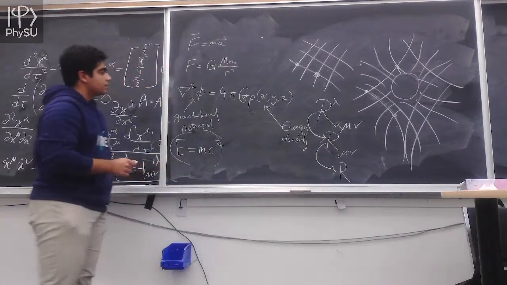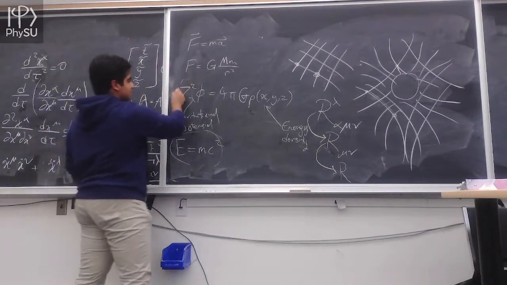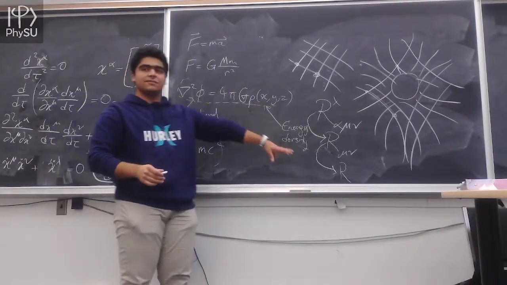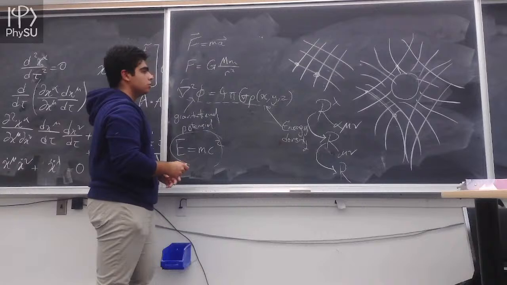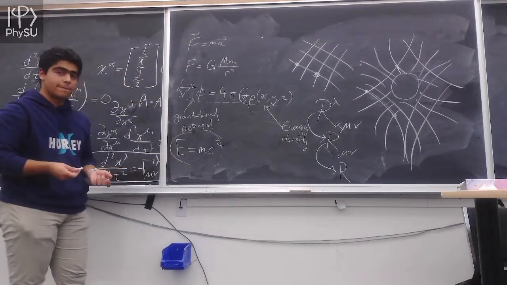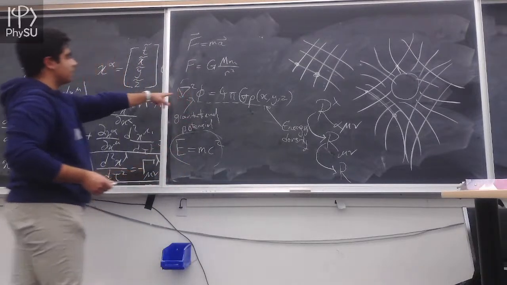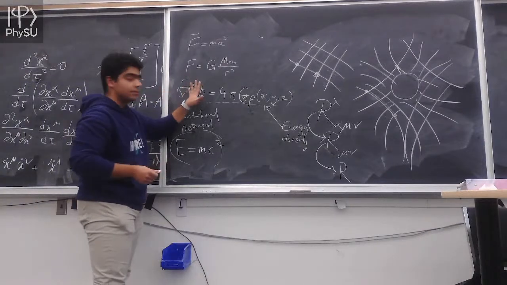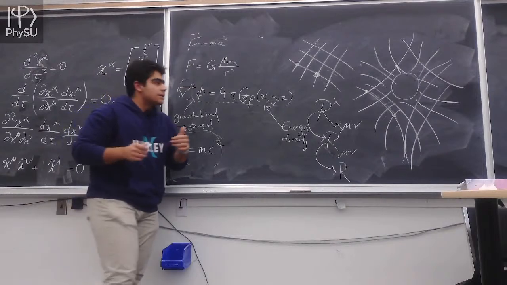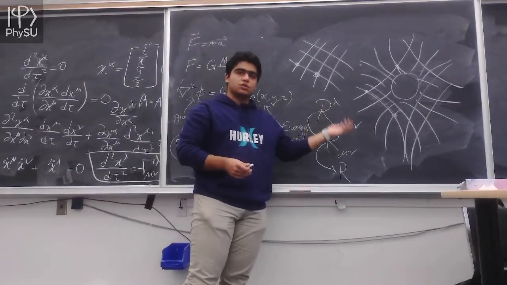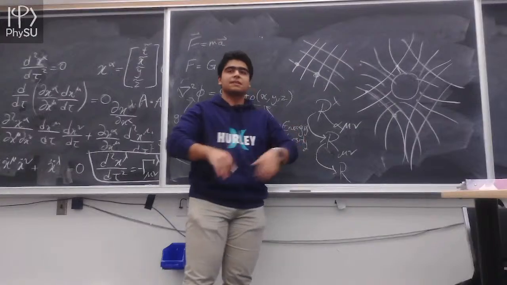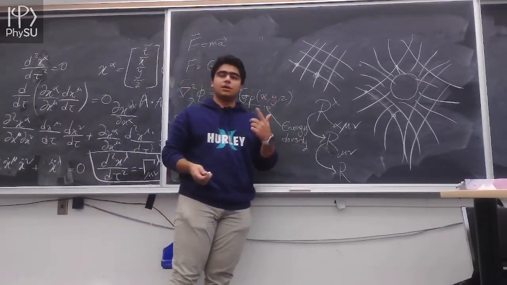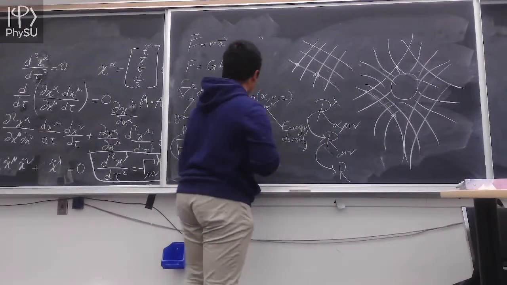Okay, so let's think about how we can adjust this equation here using these tools that we have to accurately model gravity. Well, on the left side of Einstein's equation, we should have something that talks about gravity. And we said that gravity is just a curvature in space-time. So if we have something that tells us what's curvature, then that's going to be a good left-hand side for Einstein's equation.